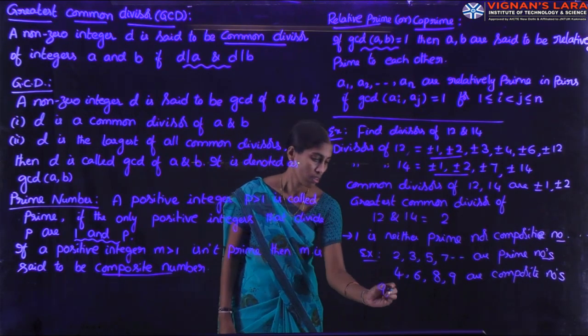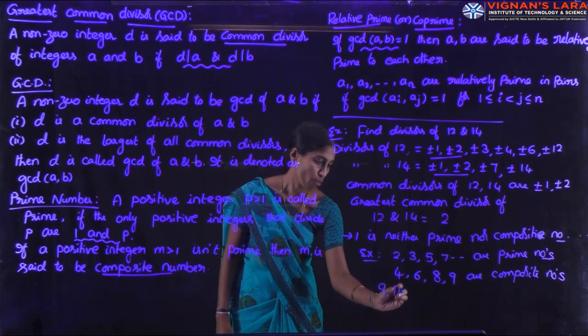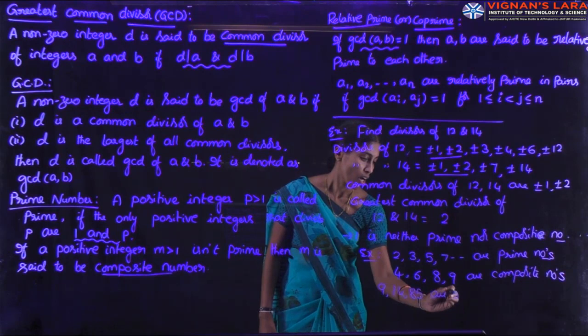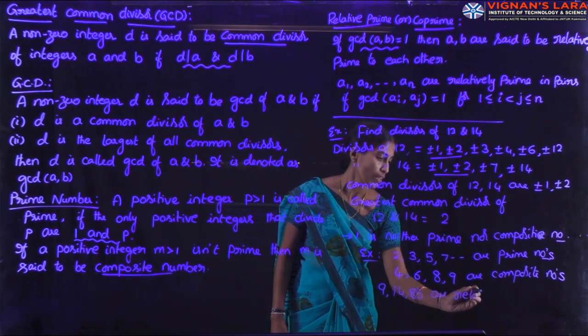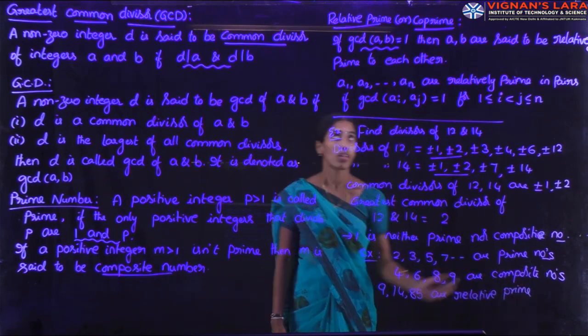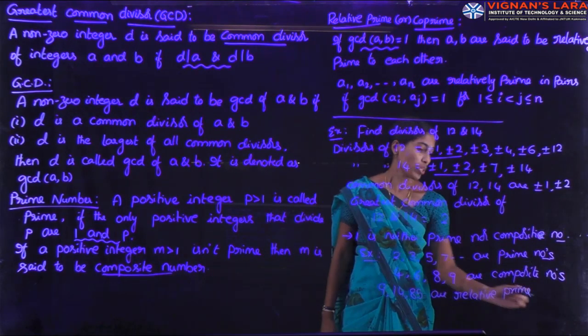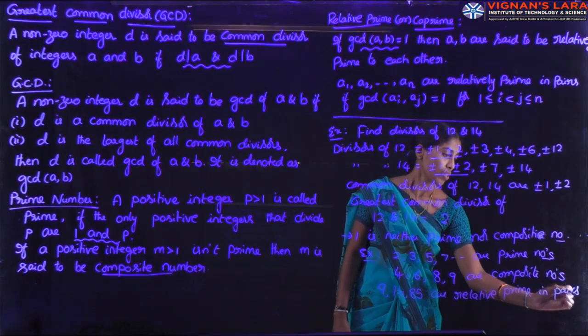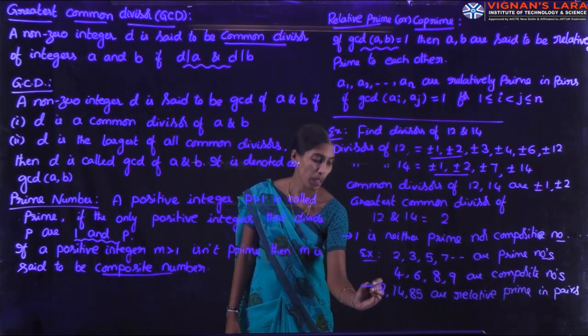9, 14, 85, these are relatively prime, co-prime to each other, relatively prime in pairs. What is the meaning of relatively prime in pairs?